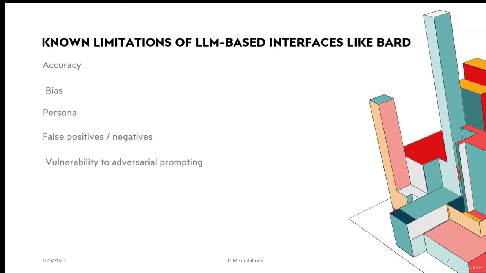And third is persona. We already talked about it. It suggests it has personal opinions or feelings. Then the false positive and the false negative. What we mean here is it might not respond to appropriate prompts and provide inappropriate responses to others. Third one is vulnerability to adversarial prompting. Users will find ways to stress test BARD further. And these areas of research are currently under development.